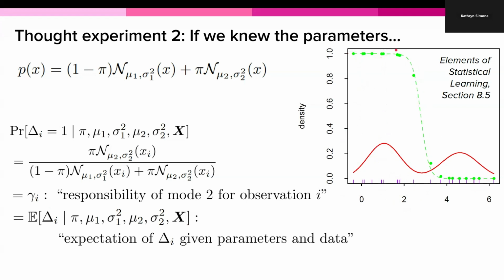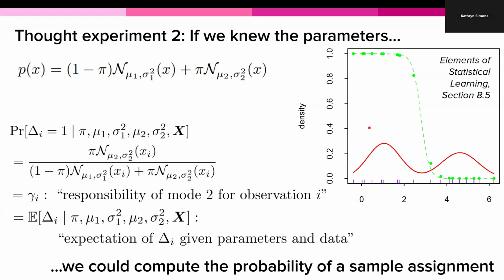But then as we move further to the right, the responsibility decreases. So points over here cannot be attributed to that first mode. And so, yeah, this isn't quite as clean as those nice hard sample assignments that we might ideally like to have. But it's a way to quantify the likelihood that a sample belongs to each mode.